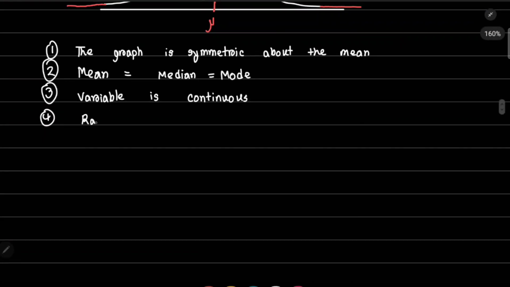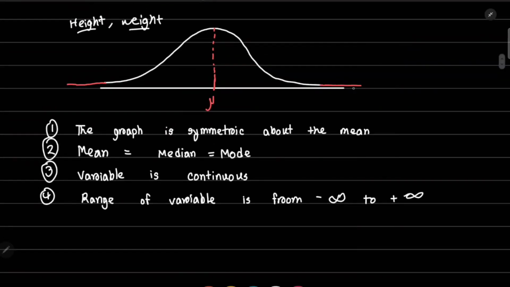So range of the variable, there is no end in the x-axis for this distribution. It goes on and on. It never touches the x-axis.